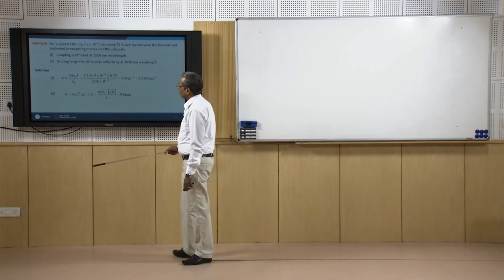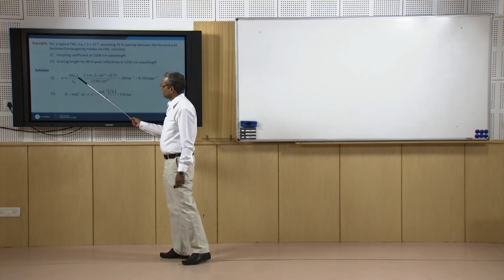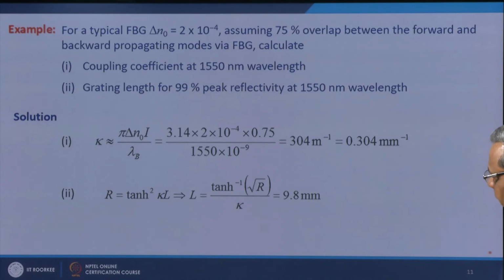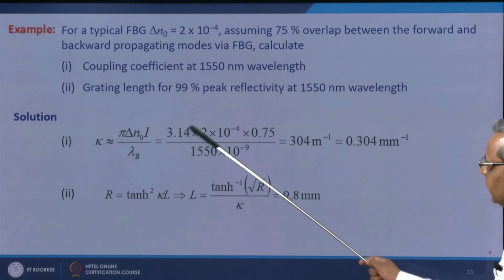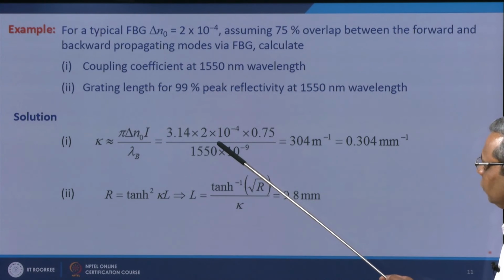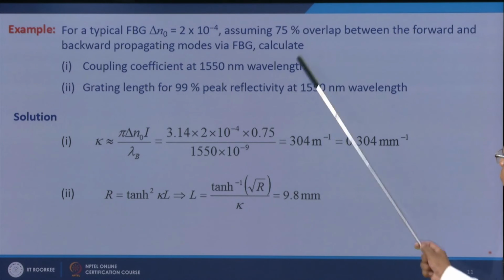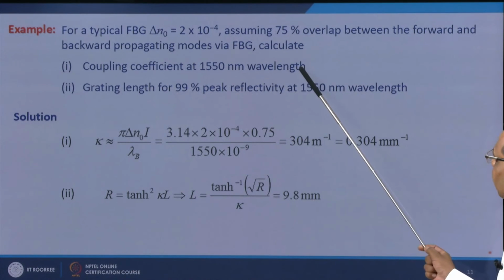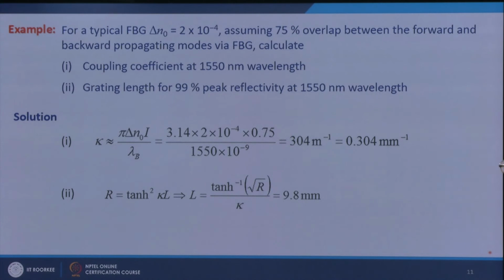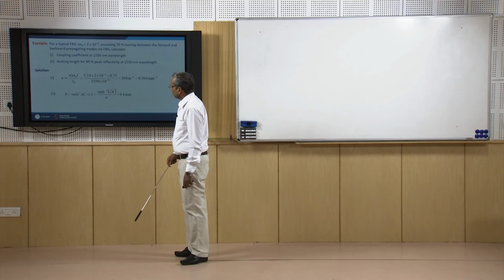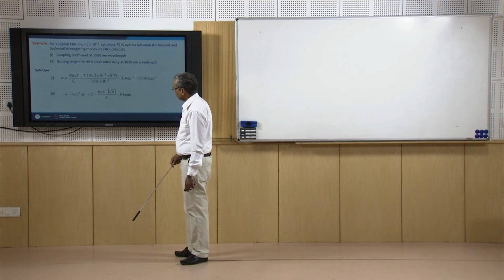I know the coupling coefficient is given by pi delta n0 times I over lambda b, and delta n0 is 2 into 10 to the power minus 4, I is 0.75 and lambda b is 1550 nanometer. So, this gives me the value of kappa about 0.3 millimeter inverse. What is the required grating length for 99% peak reflectivity?